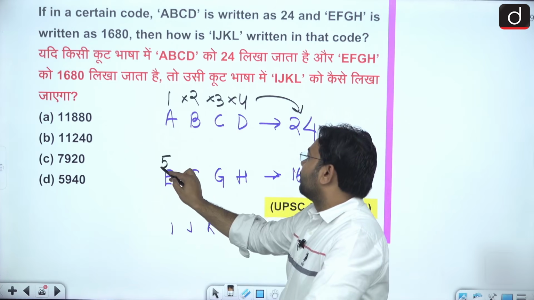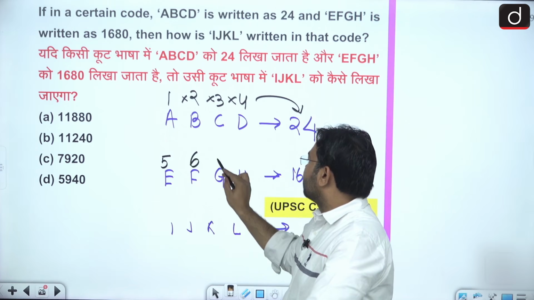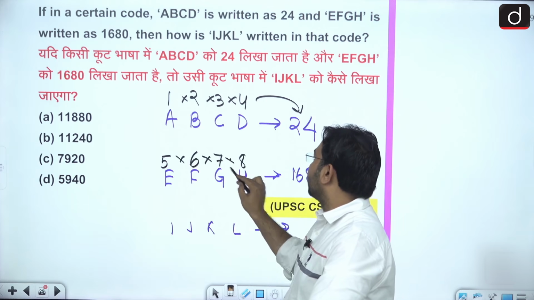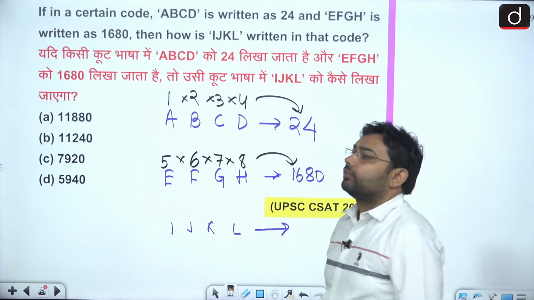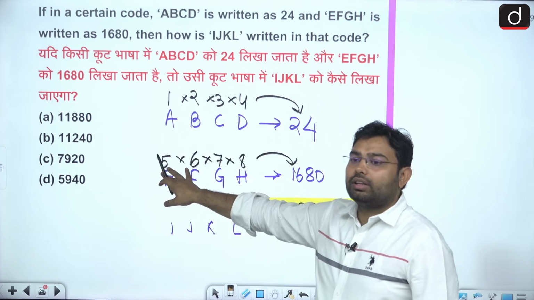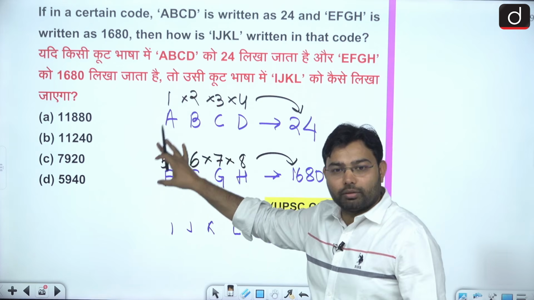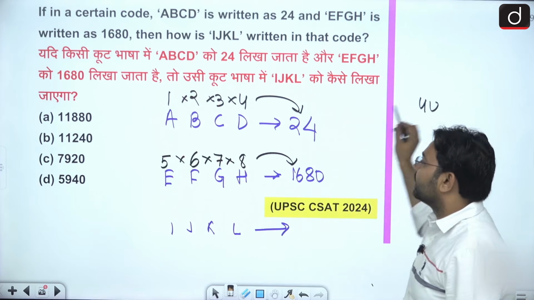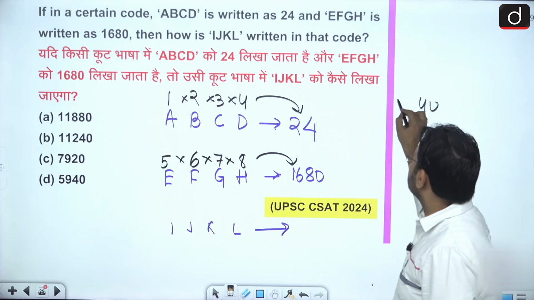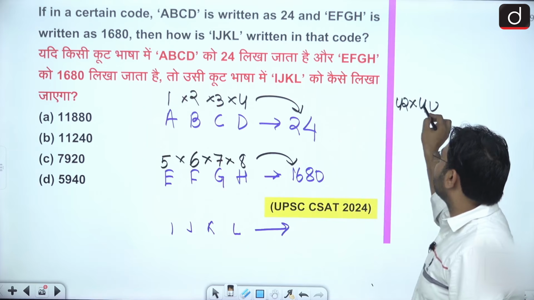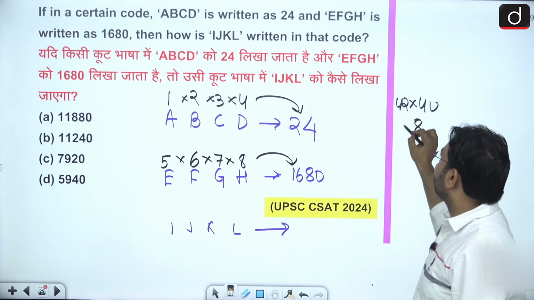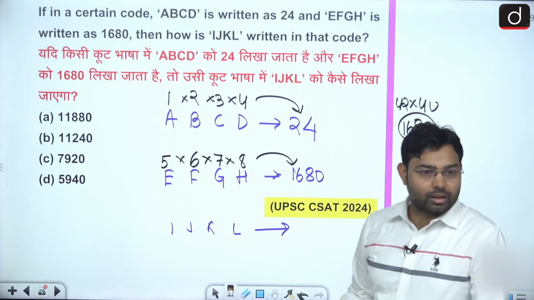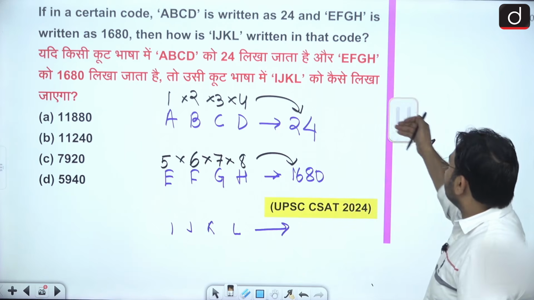E is 5, F is 6, G is 7, H is 8. Multiply all the numbers, you will get 1680. When you see a 5, try to pair it with an even number. So 5 into 8 is 40, 6 into 7 is 42. Got this one? Done.